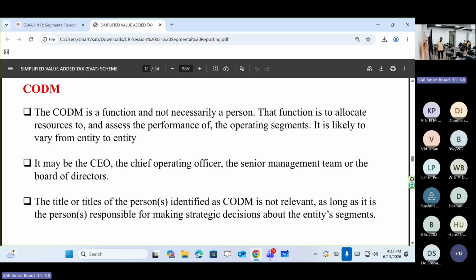It is likely to vary from entity to entity. It may be a person, a unit, or a committee that allocates resources and evaluates performance. That's called the Chief Operating Decision Maker. Sometimes it may be the CEO, sometimes the COO, Chief Operating Officer.